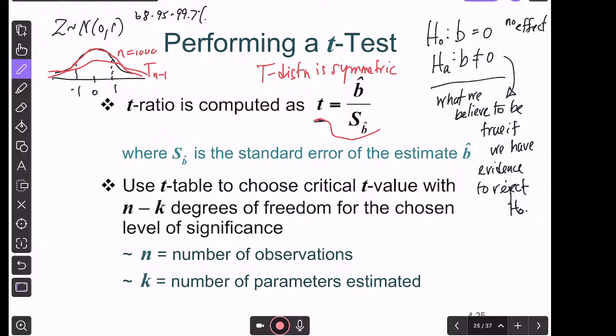Can anybody explain to me what we're looking at here? No idea, right?